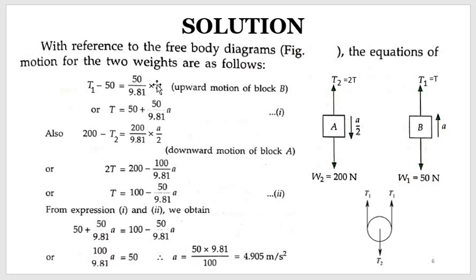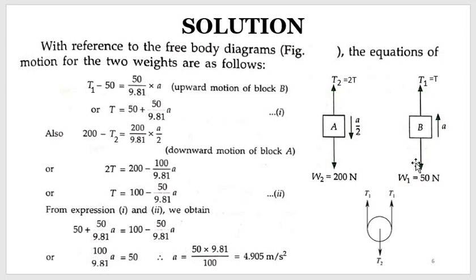Now, writing the kinetic equations for the two blocks. Let us see the kinetic equation for block B. Since block B is moving in the upward direction, any force acting in the direction of motion is considered a positive force.